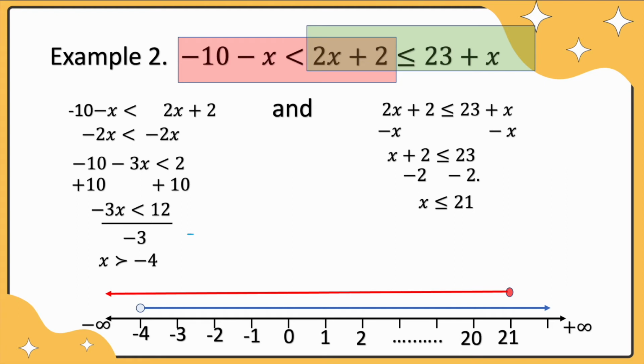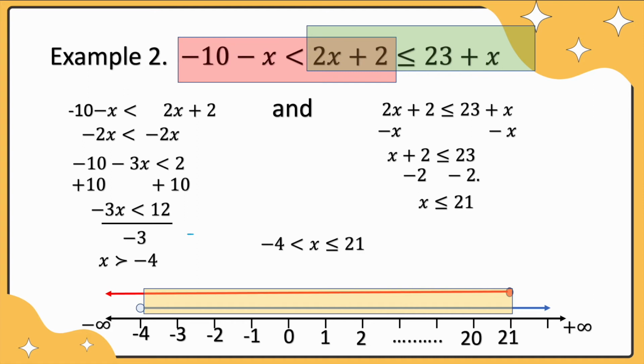Now to find the values of x that would satisfy both parts of the inequality, we have to find the area that overlaps. So in this case, it is the area between negative 4 and 21, where 21 is included. So one way to write the solution is negative 4 less than x less than or equal to 21.